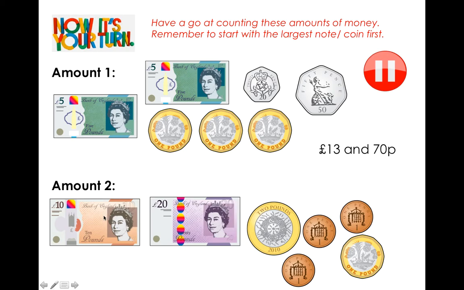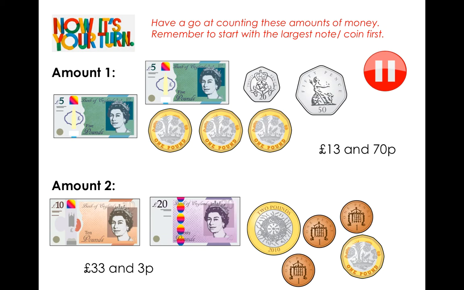Then on the second example, we should have had the £20 and the £10 to give us £30. Then we had a £2 and a £1 coin, which makes £3, doesn't it? So we've got £33 there in total. And then we've just got 1, 2 and 3 pennies. So we should have had £33 and 3p.